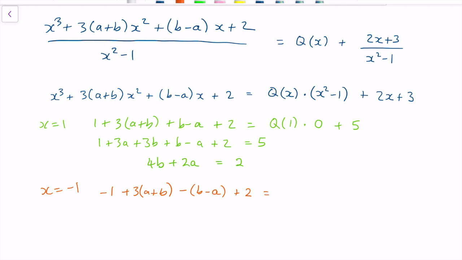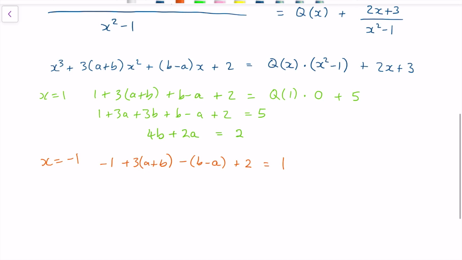And this is now going to equal 1 on the right-hand side when we sub a negative 1 into that remainder. Okay, and if we tidy this equation up, we get 4a plus 2b equals 0, I believe. Just check that that's right. Yep.